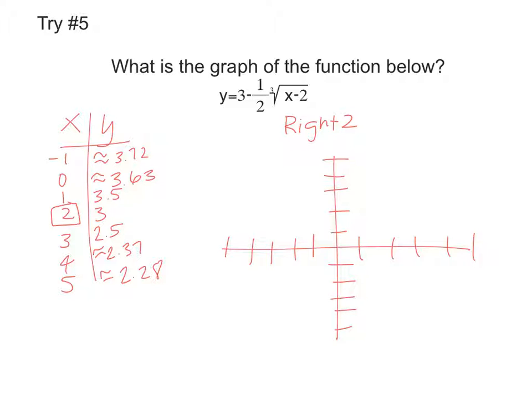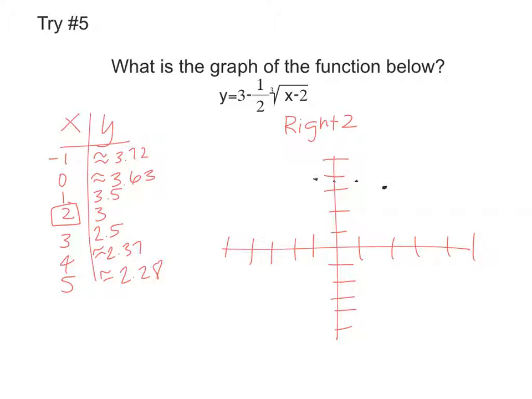Alright, so let's graph in a different color. Negative 1 and 3.72. It's kind of closer up here. 0 and 3.63 is a little higher than a half, so about there. 1 and 3.5 exactly is here. 2 is 3.